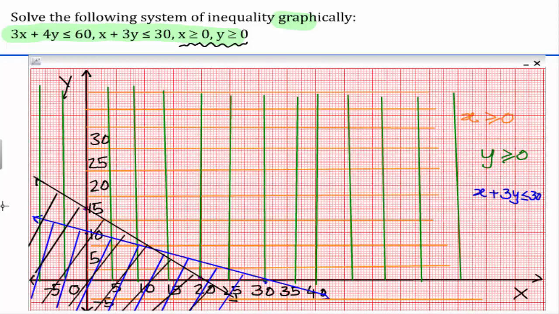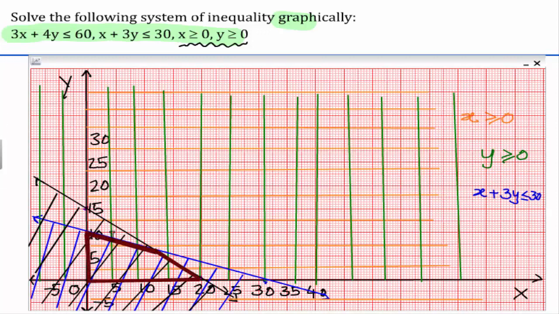Now we need to find out the common region, which is the solution for the given inequality. Let me draw one thick line here. You can observe here, and here, and here one line, and this is one line. So this quadrilateral, which is openly seen here, you can see very clearly.